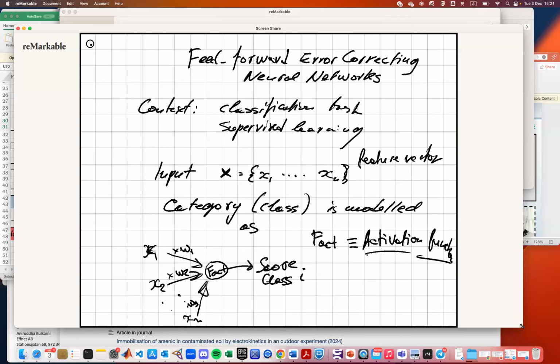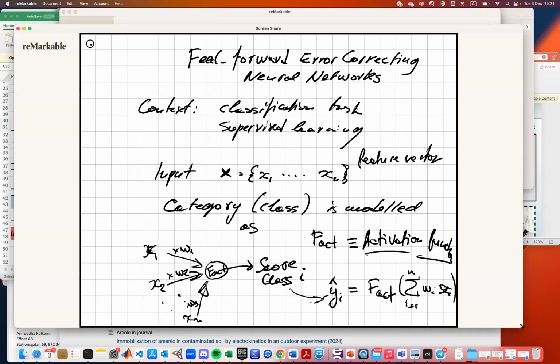Mathematically, we have our y hat, which is again our class score, equals, in the very simplest case, act of the sum over i from 1 to n of v_i x_i.